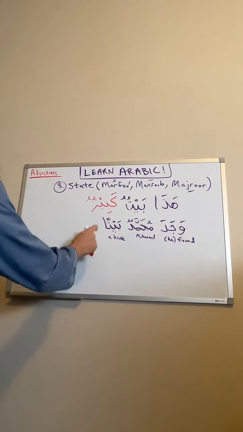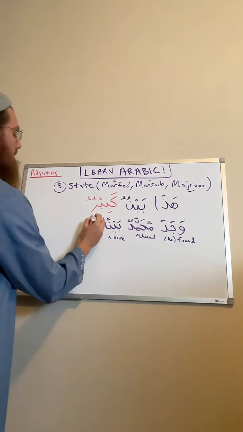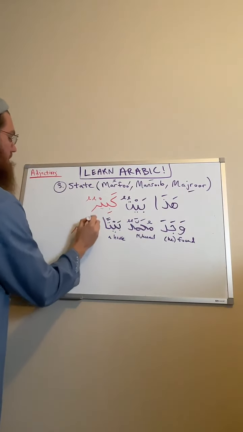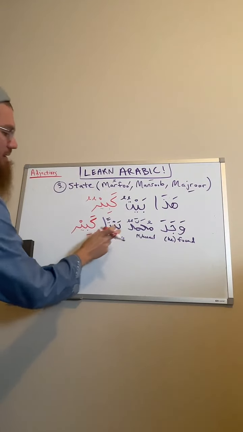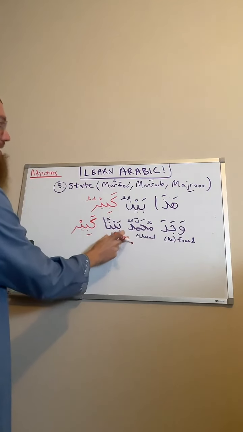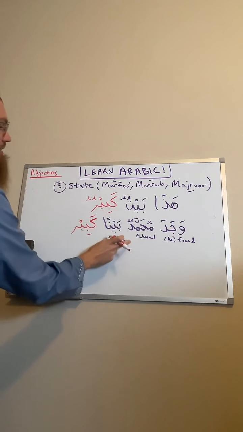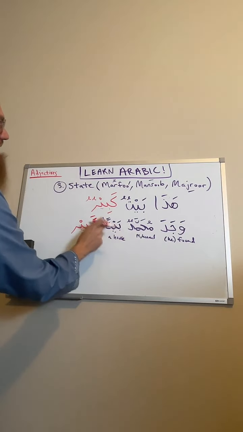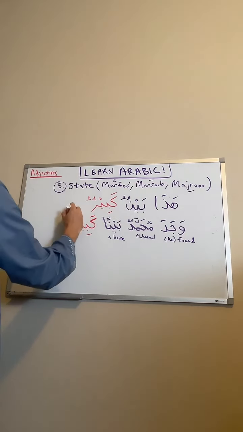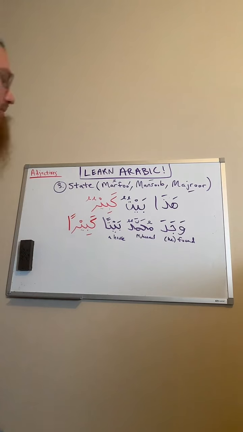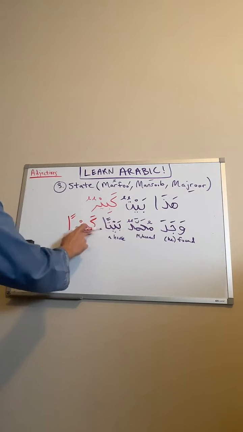We want to describe the house that he found as being big. Because kabir is the adjective describing house and it has to match the state of what it's describing, kabir also has to follow the fact that baytan is in a state of mansub with the fatha. So it's also going to take fatha. Okay? Wajada Muhammadun baytan kabiran.